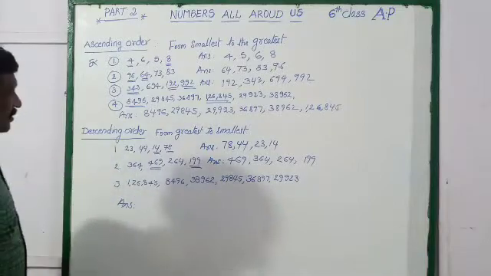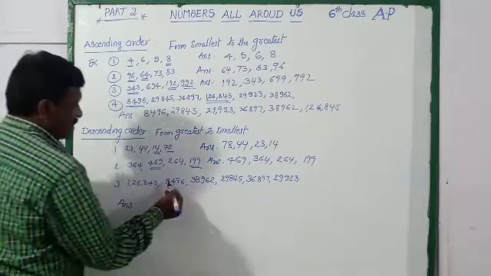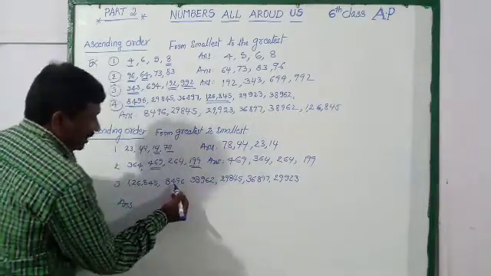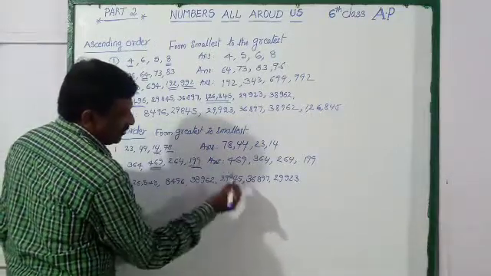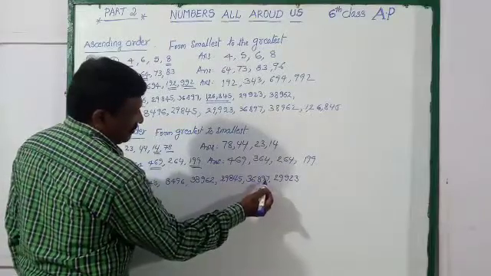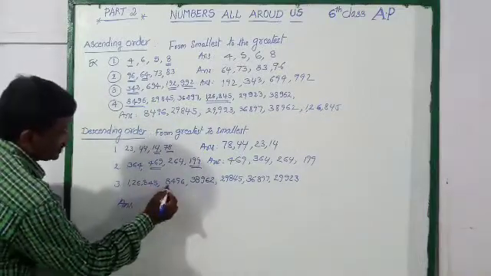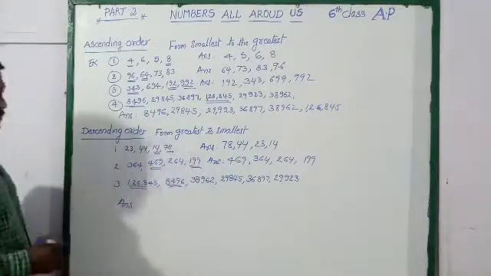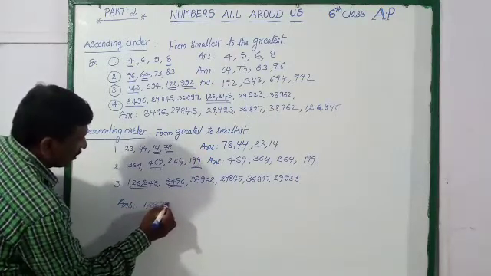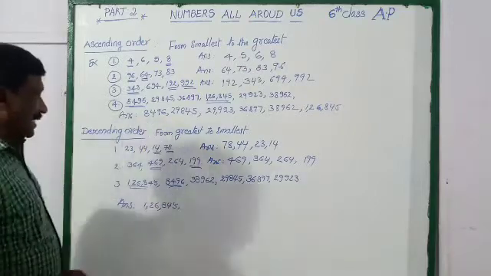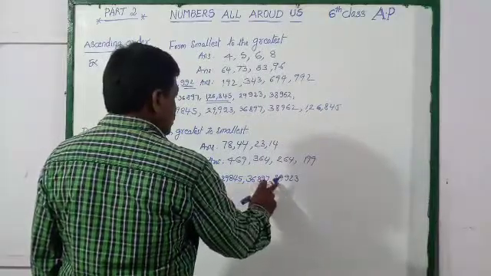Next, in this row, arrange in descending order. First, 1,26,845, 8,496, 38,962, 29,845, 36,897, 29,923. In this row, this is the smallest number, this is the greatest number. First in descending order, 1,26,845. Next greatest number: 38,000, 29,000, 36,000, 29,000.